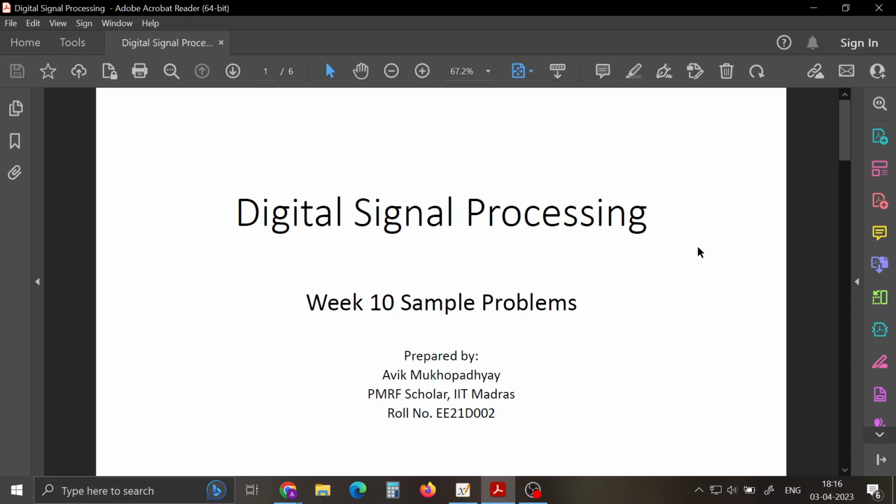So if you recall, in week 10 we started with the notion of linear phase, systems with linear phase, and the condition for linear phase was derived. There were two cases. The first one is the trivial case where the impulse response is 0, which is numerically fine but doesn't make any sense practically.